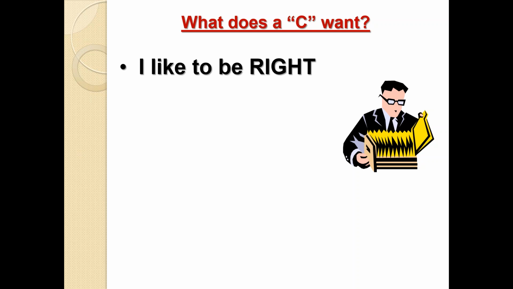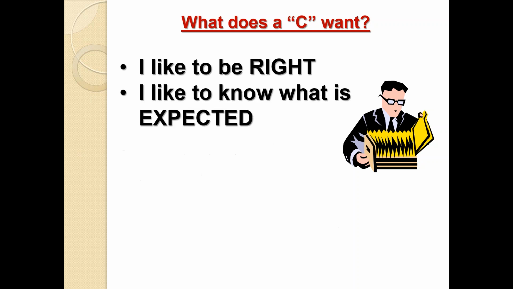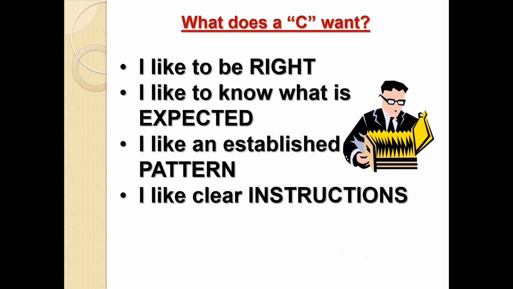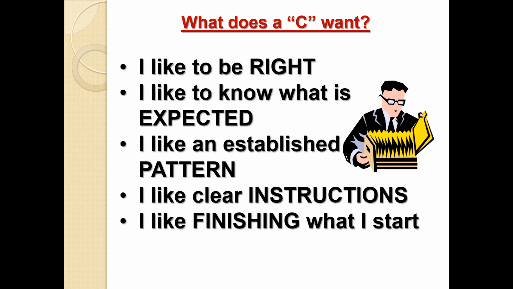They need to be right. Be careful getting into an argument with a C, because if they're arguing with you, then they've got some sort of ammunition to back up who they are. They like to know what's expected. Don't surprise them with things. Make sure there's a checklist. They like a well-established pattern. They like clear instructions. They like finishing what they start.